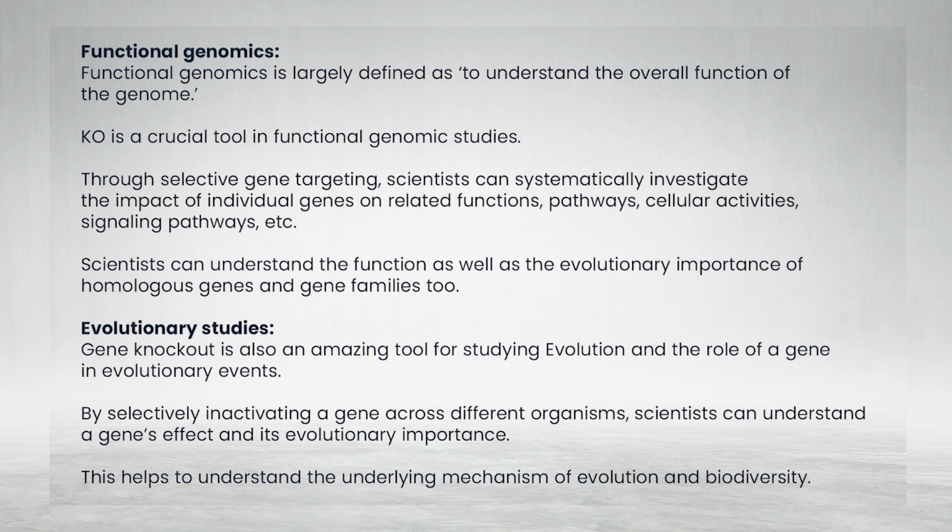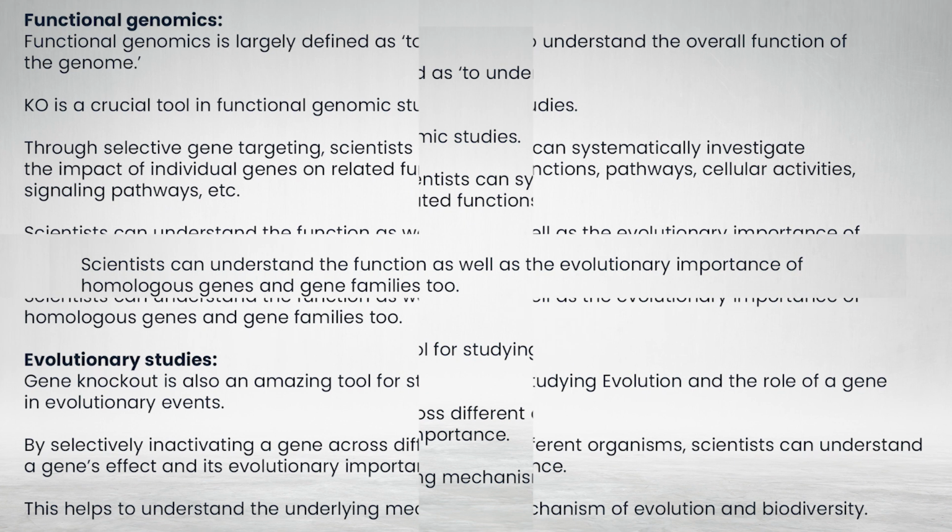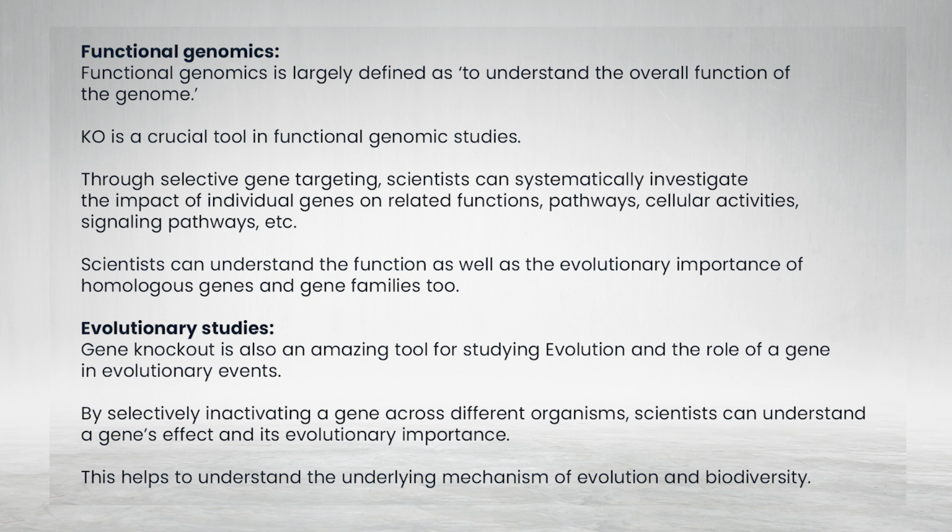Through selective gene targeting, scientists can systematically investigate the impact of individual genes on related functions, pathways, cellular activities, signaling pathways and many others. Scientists can understand the function as well as the evolutionary importance of homologous genes and gene families. Now, let us see application of KO in evolutionary studies.